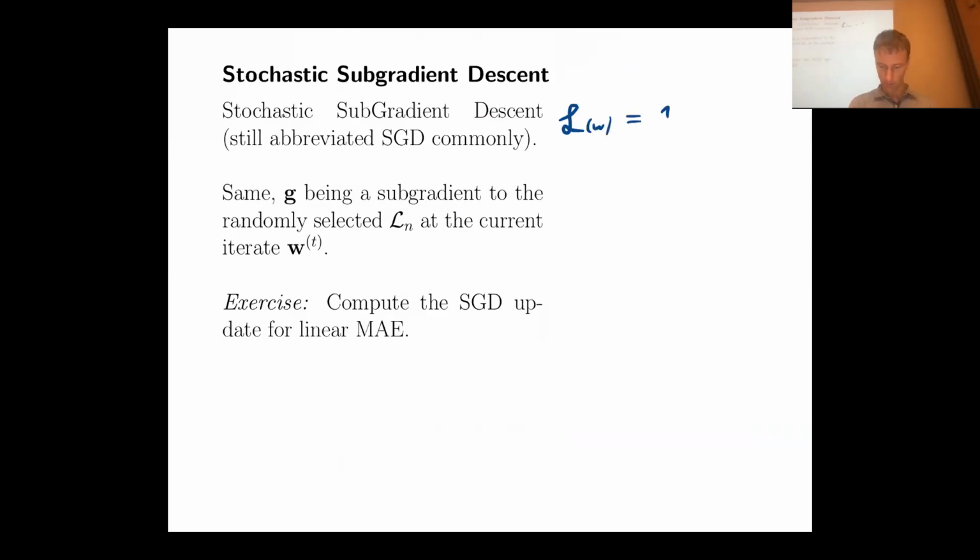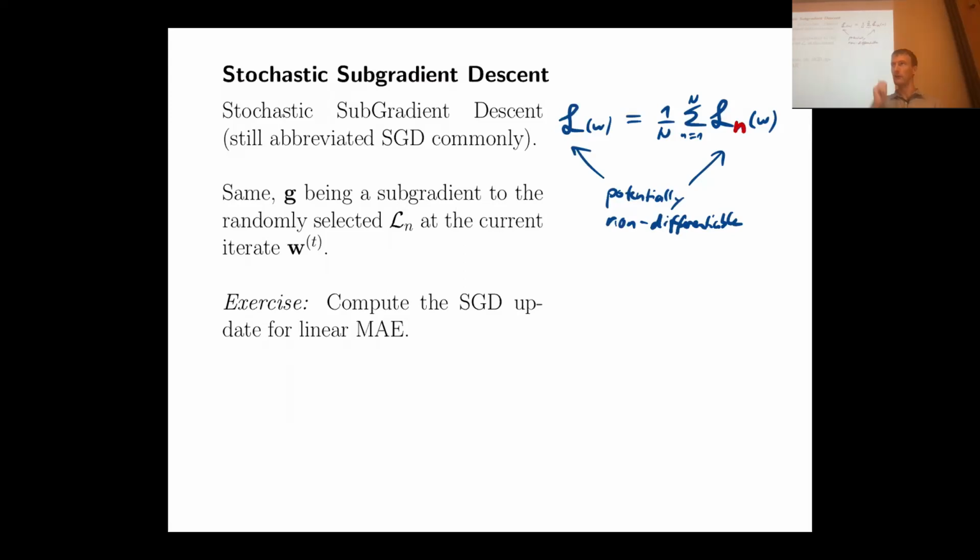So when can we do SGD? That's when we have a sum structure, which is always in machine learning. And now what if these terms are potentially not differentiable? Then the answer is basically what you said.